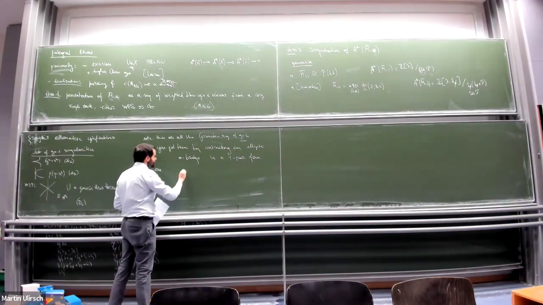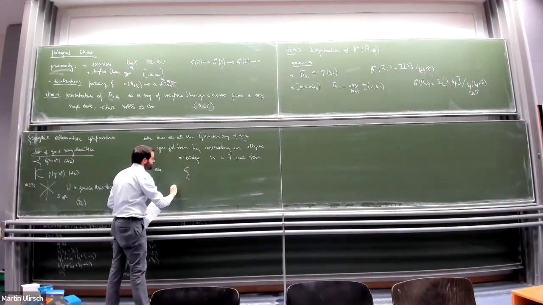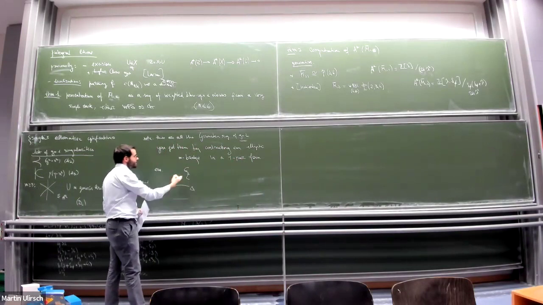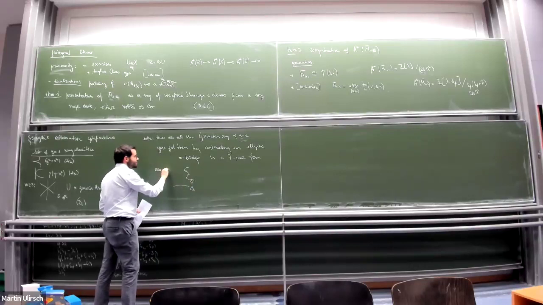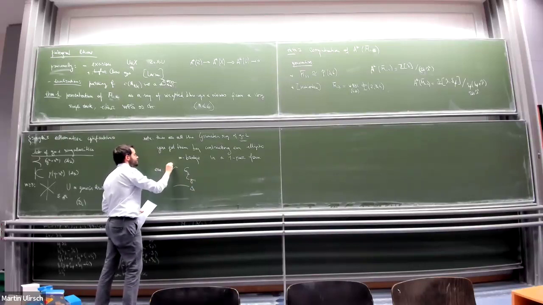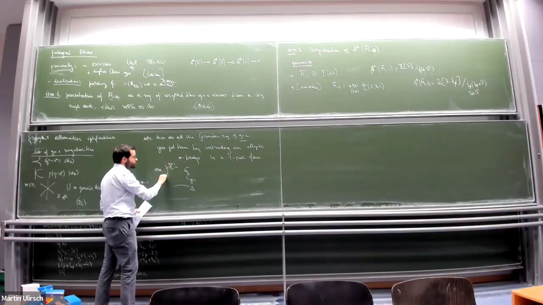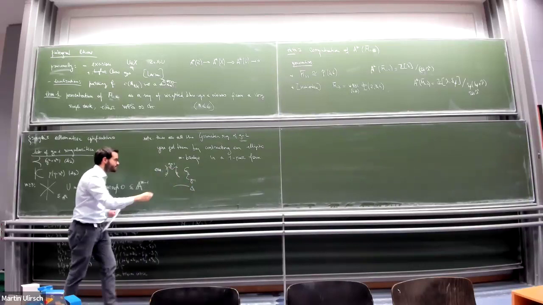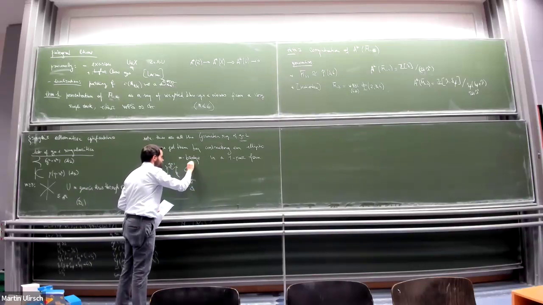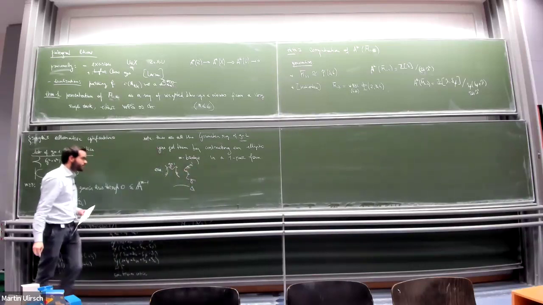Suppose that in a one parameter family, you have a genus one curve degenerating to a stable curve that has the genus one core and the rational tails, stable with four markings.